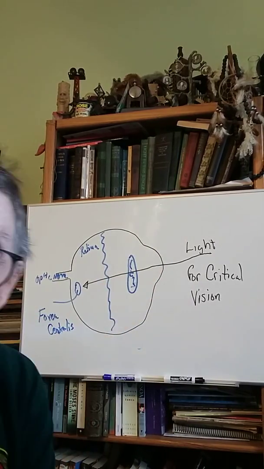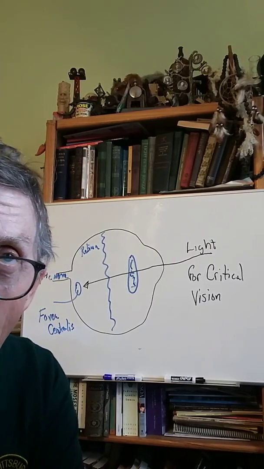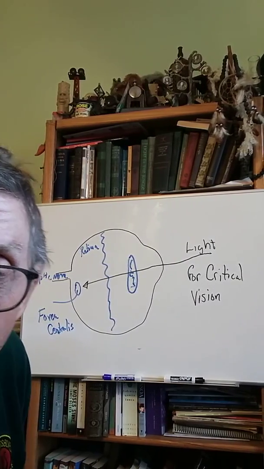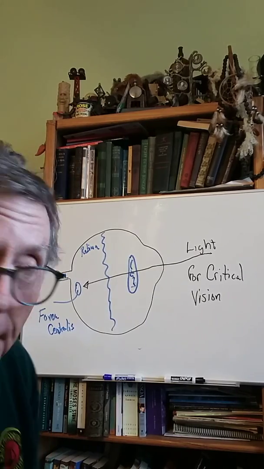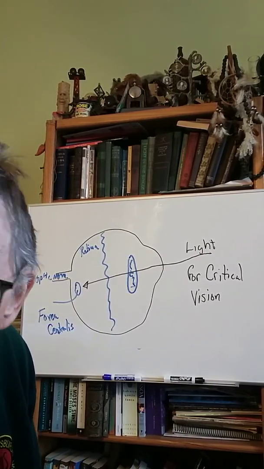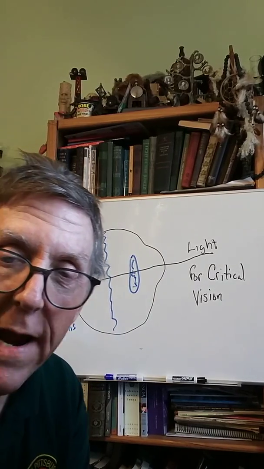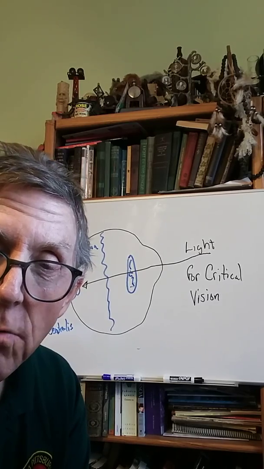And the lens is going to aim the light, focus the light on a very specific location in the retina, a region called the fovea centralis. The fovea centralis is the site where you're going to have critical vision.